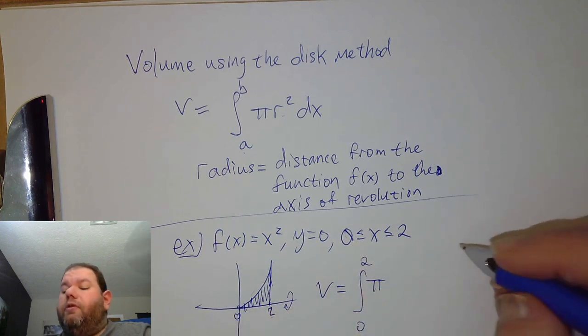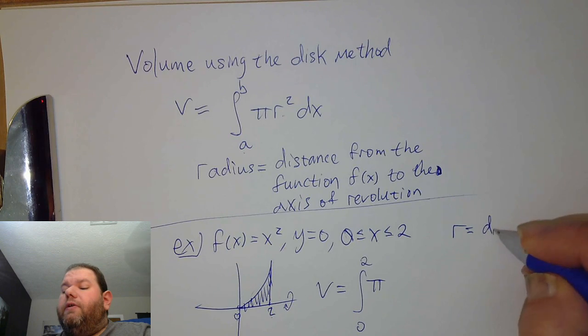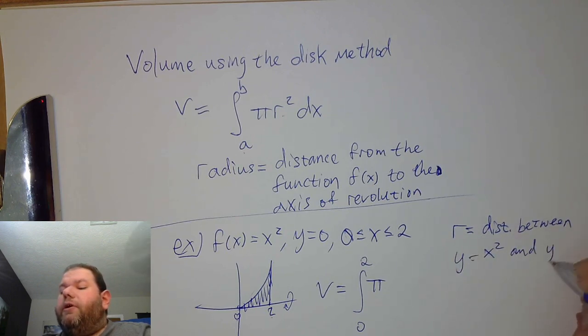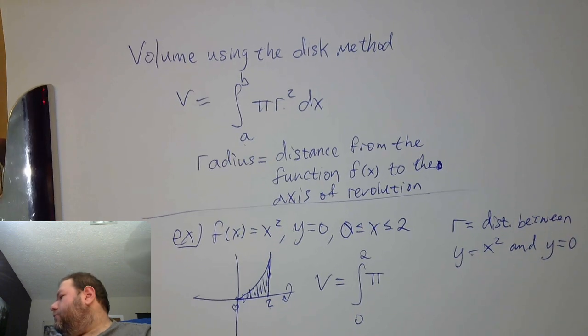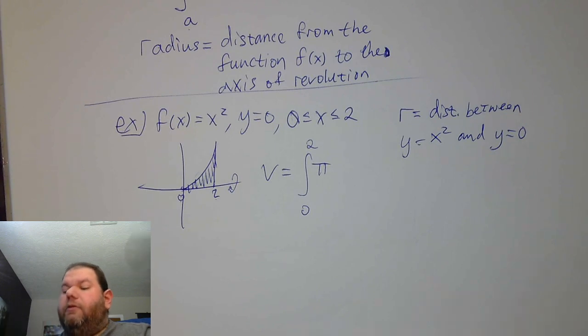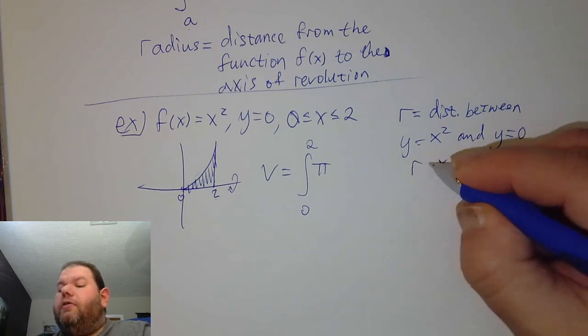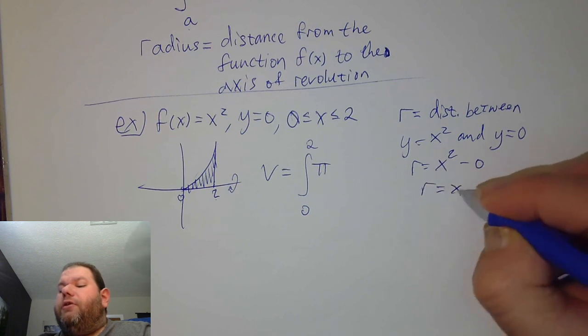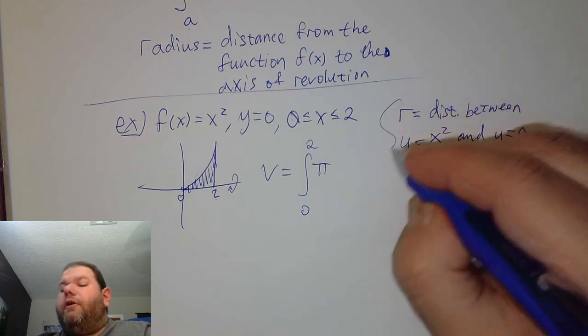So r is the distance between x squared, or y equals x squared, and y equals 0. So essentially, r is equal to x squared.